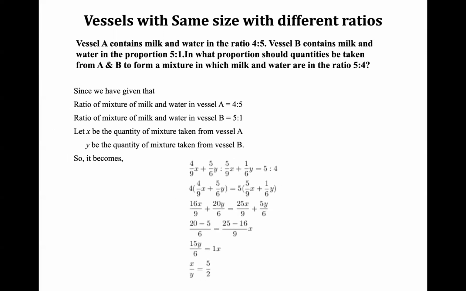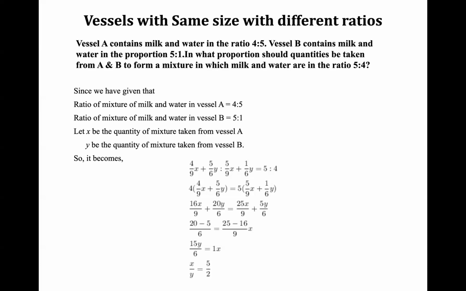Now 4 by 9 of X plus 5 by 6 of Y, that is the quantity of milk, is to 5 by 9 of X plus 1 by 6 of Y, that is the quantity of water, which will be equal to 5 is to 4, that is the given data.